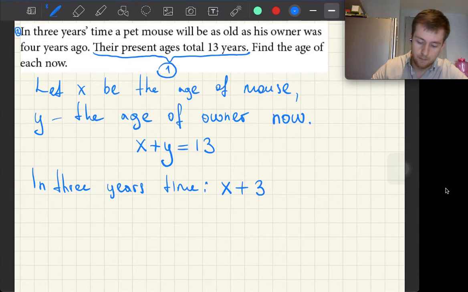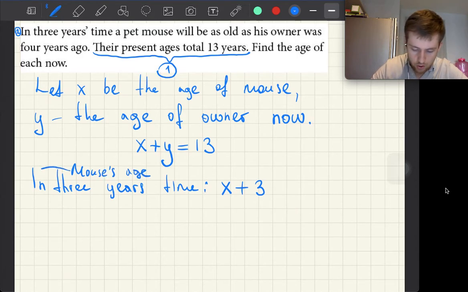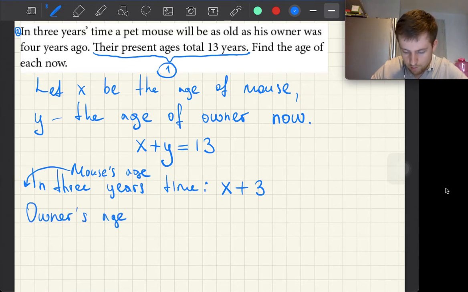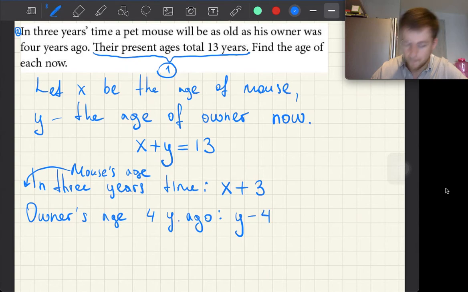The owner's age 4 years ago was y minus 4.